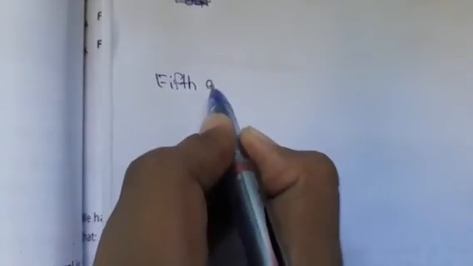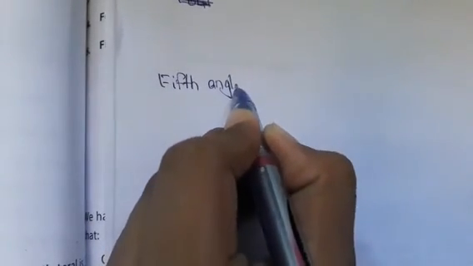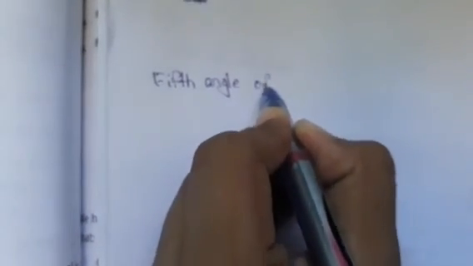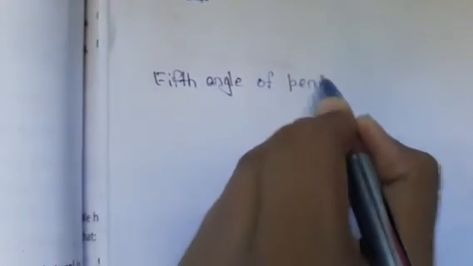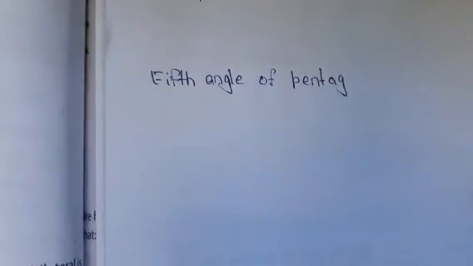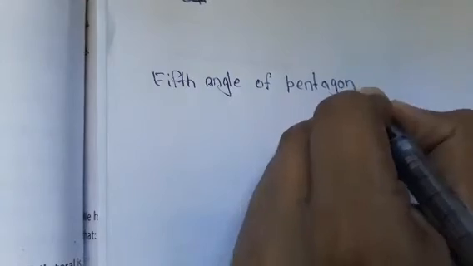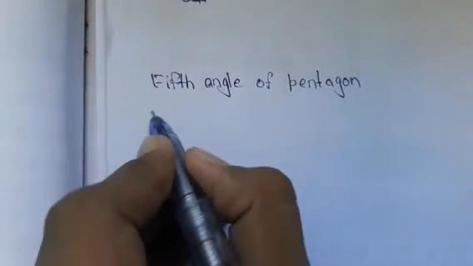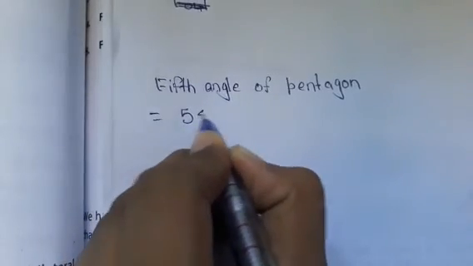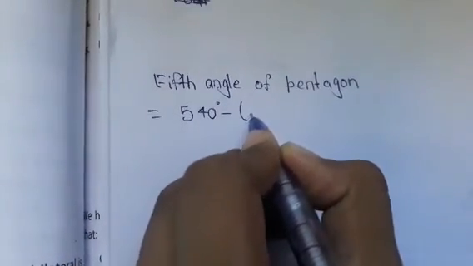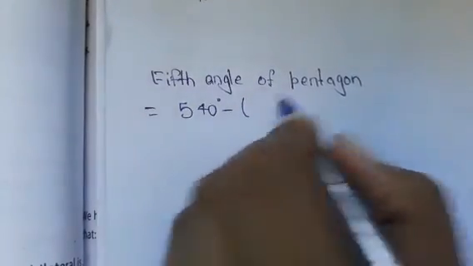Fifth angle of the pentagon is equal to 540 degree, the total angle, minus the sum of all four angles.